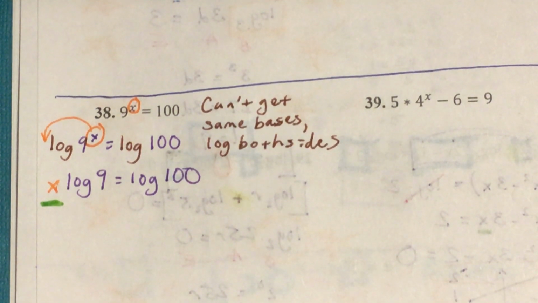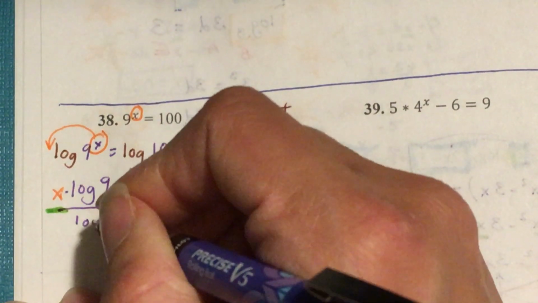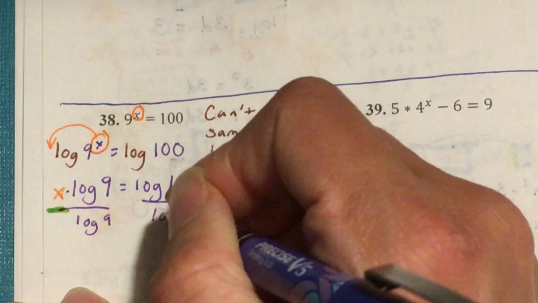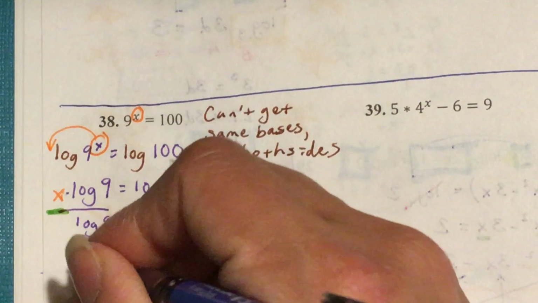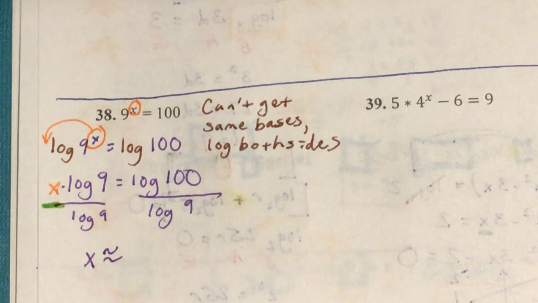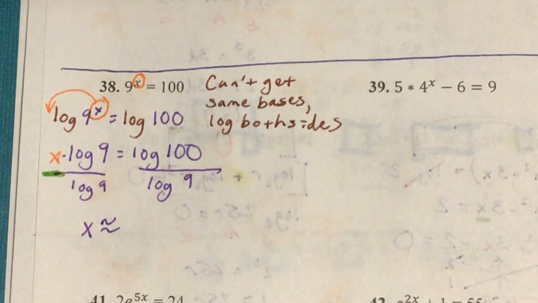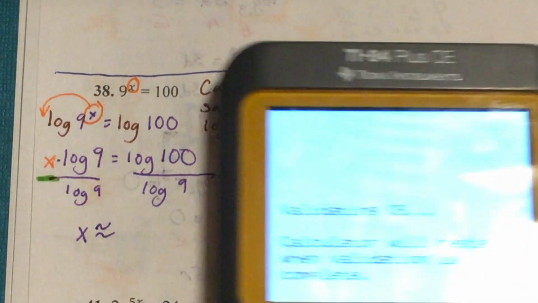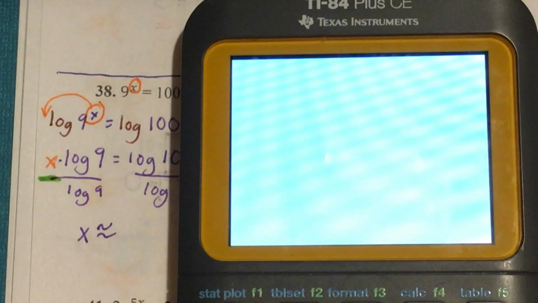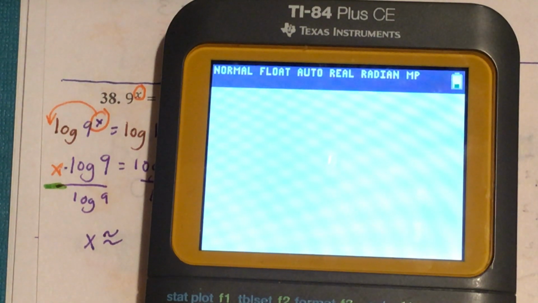Now that I have x times log 9 equals log 100, how can we isolate this x? We can divide both sides by log 9. And x is going to be equal to, there's my calculator, common log 100.